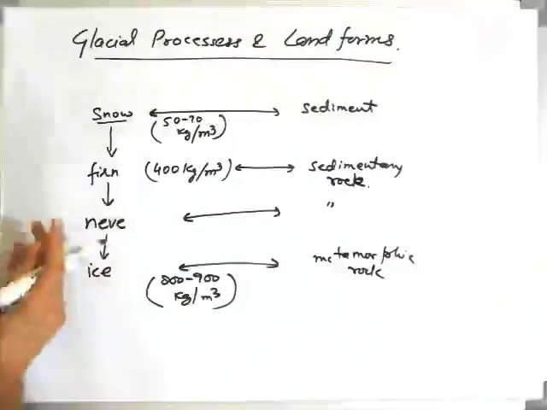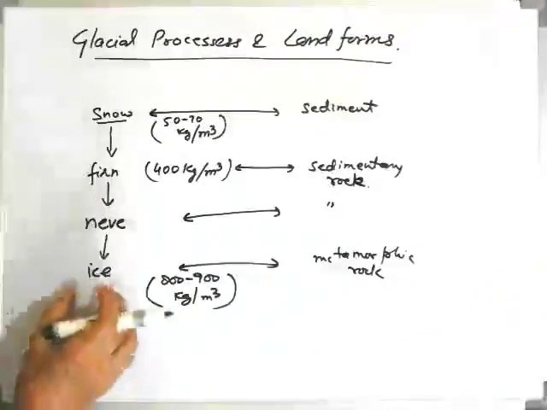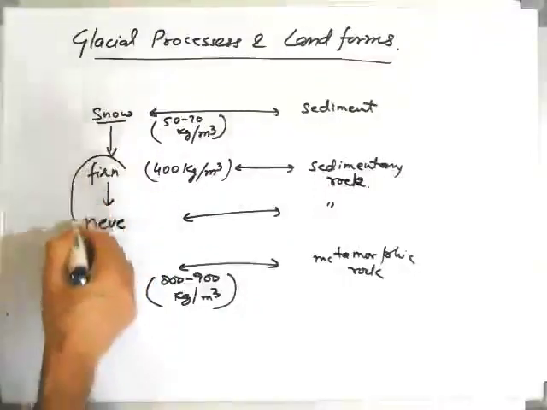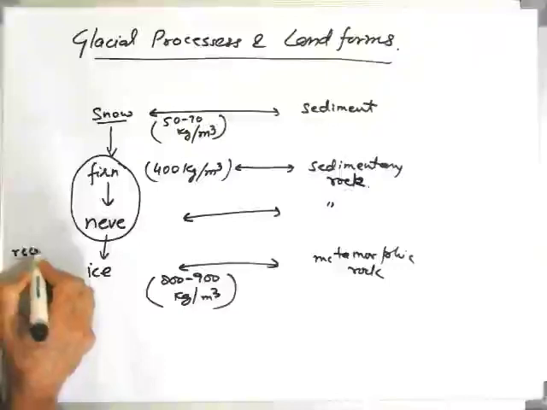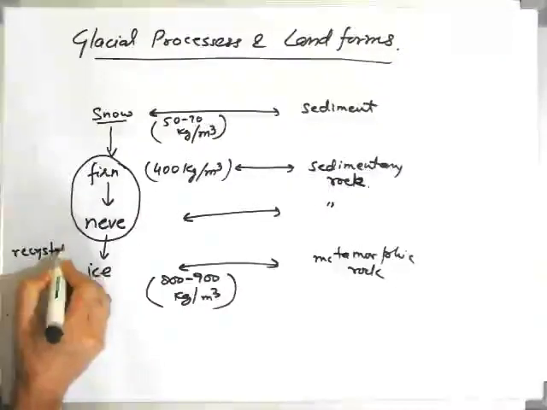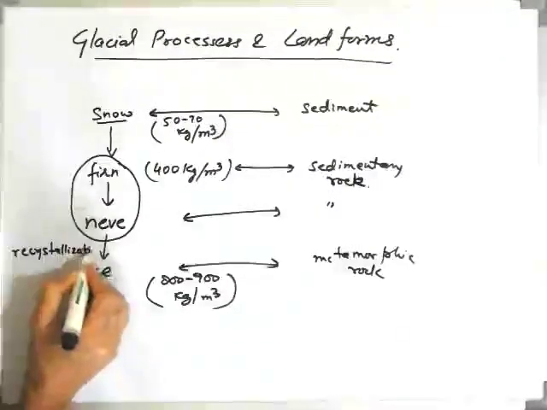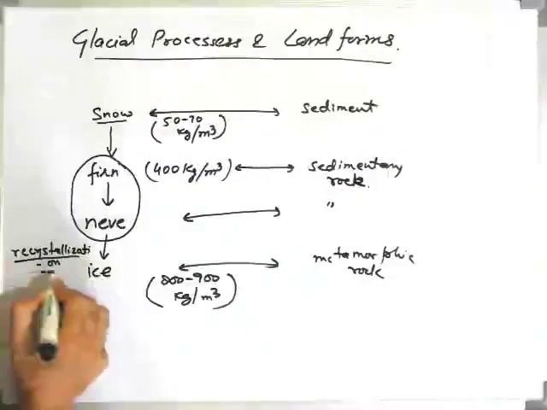Now the process of formation of ice from firn or neve involves recrystallization, which is a metamorphic process.